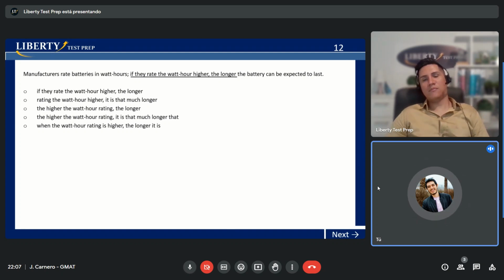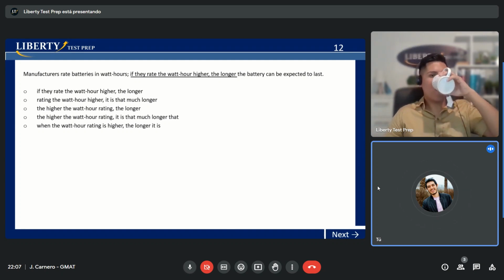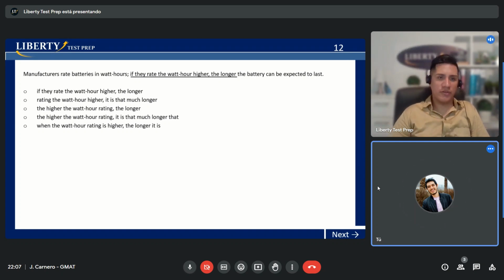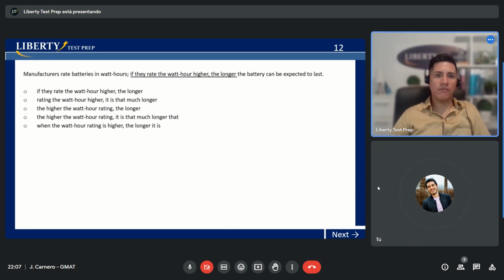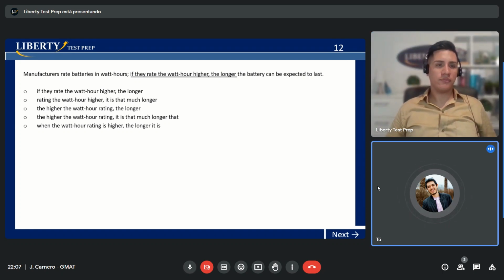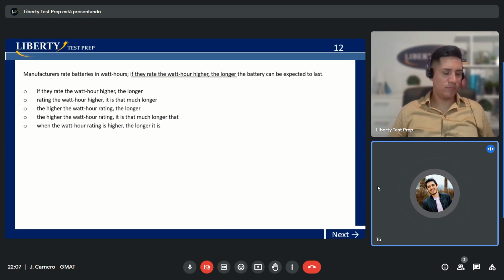So after the semicolon, we have to have a main clause, like we talked about before: main clause, semicolon, main clause. You need a main clause because of that semicolon. Perfect. So a main clause must have a subject and a verb.